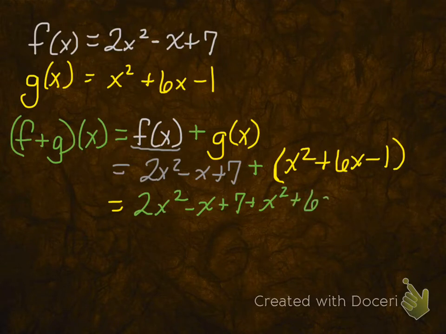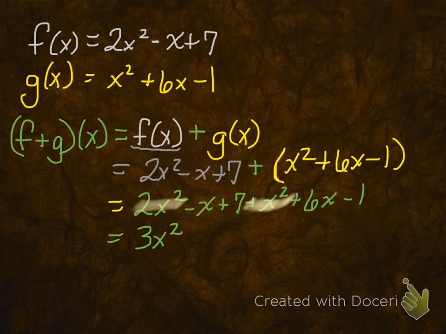But again, it's a good habit to be in so you don't make mistakes with subtraction. I'm going to combine like terms, and the first set of like terms I have to combine are my x squareds. So I have 2x squared plus x squared giving me 3x squared.